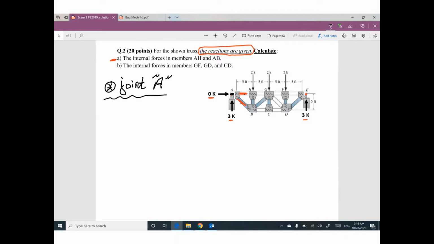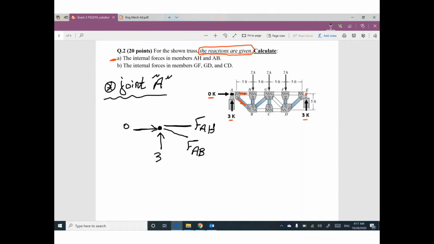What do you have at A? Here is joint A. Please include everything that intersects at joint A. We have horizontal reaction 0, given. We have vertical reaction 3 kip, given. We have inclined force FAB. We have a horizontal member, that means horizontal force FAH.